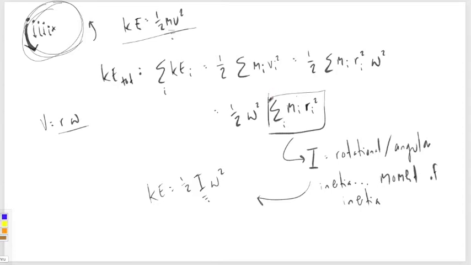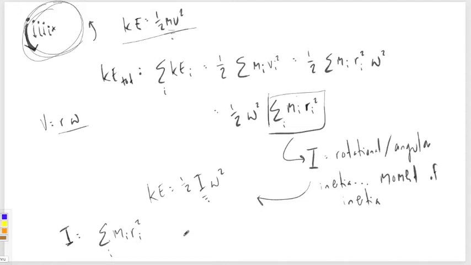Let's look at this equation. So I equals the sum of m_i r_i squared, where remember what m and r are. m is the mass of each little particle, and r is the distance that particle is away from the axis of rotation. So this kind of makes sense, and you can actually go test this in real life.